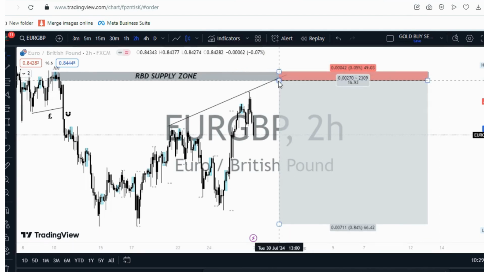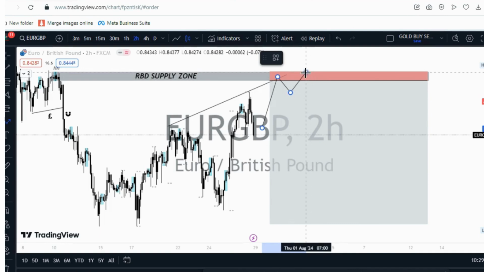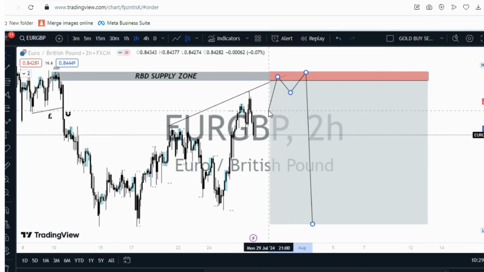So this is what I'm perceiving on this particular trade, Euro GBP. What I would want here is for the market to push back into this area, then potentially drop. This is what I would expect if I'm going to get involved in this market.